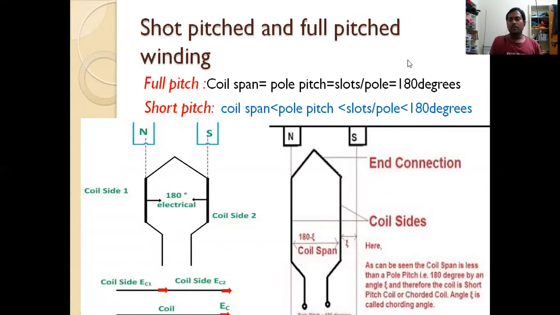So now let's discuss what is short pitch and what is full pitch winding. The definition of full pitch: if you take this north pole and this south pole, this is the middle of the north pole and this is the middle of the south pole.